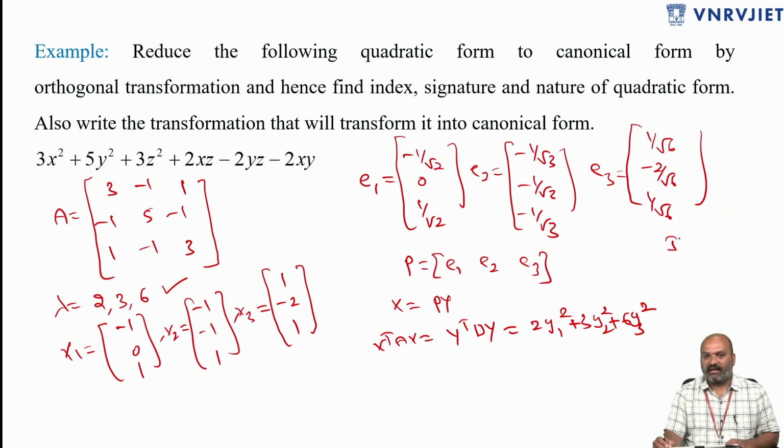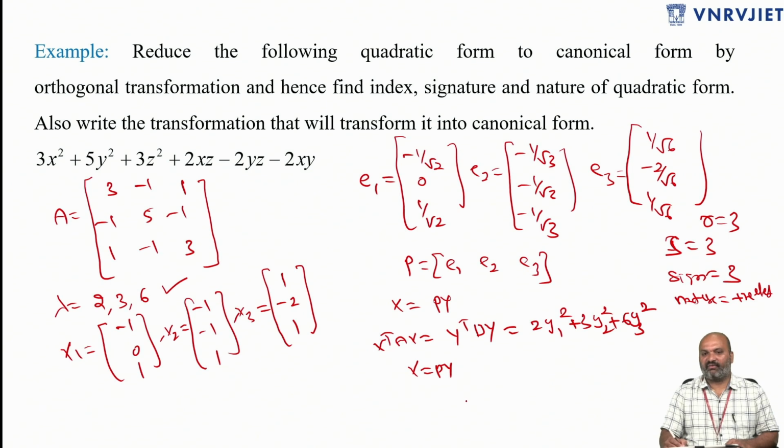So index, I am not writing this formula, I will write s equals 3, rank equals 3, signature equals 3, and nature is positive definite. And the transformation you can write x equals Py. You substitute x equals x, y, z, you take y equals y1, y2, y3 and write the matrix P and multiply, you get the transformation. So like this, we reduce a quadratic form to canonical form by orthogonal transformation. I hope you understand.